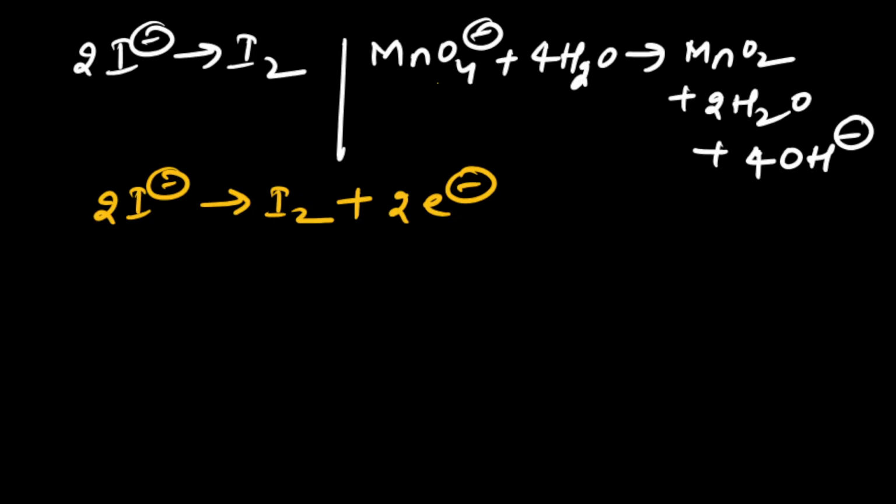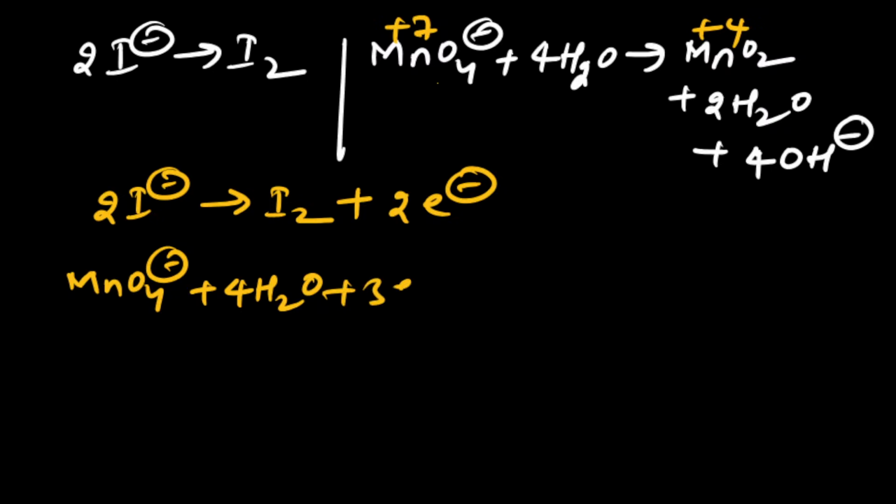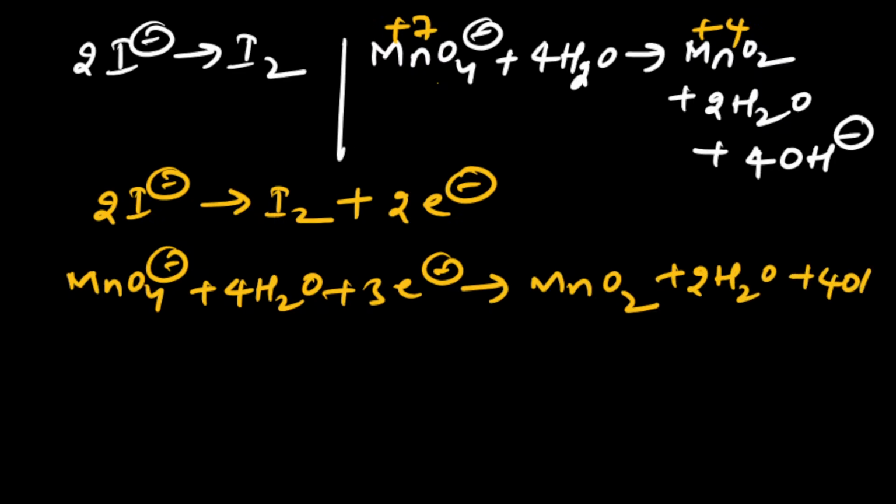Done? Now here the MnO4 minus has gained 3 electrons, right? Because here it is plus 7, here it is plus 4. So it has gained 3 electrons to give MnO2 plus 2H2O plus 4OH minus.